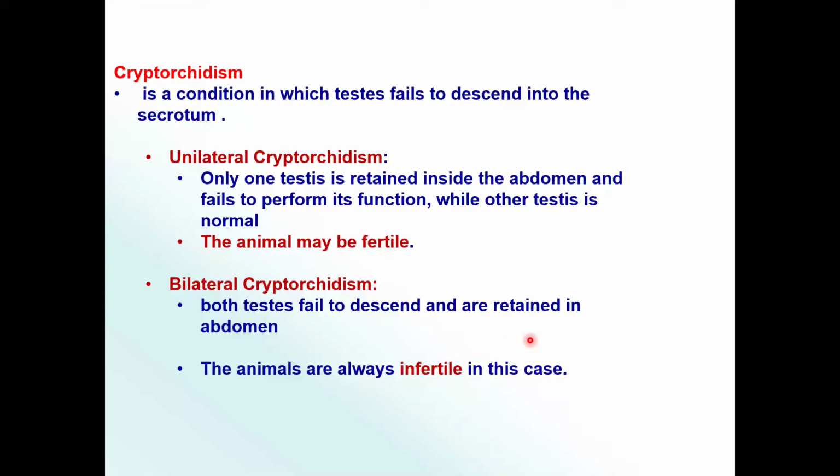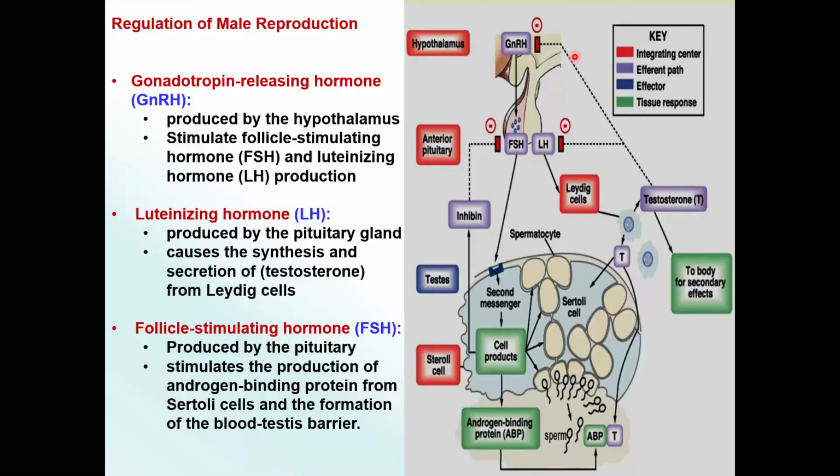Okay. Let's talk about the hormonal regulation of the male reproductive system, and start with the hypothalamus, which produces the gonadotropin releasing hormone. That's the gonadotropin releasing hormone, which will affect the anterior pituitary gland to produce the gonadotropins.